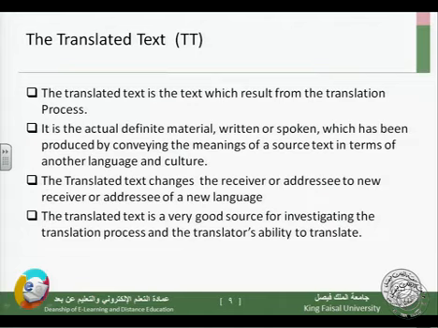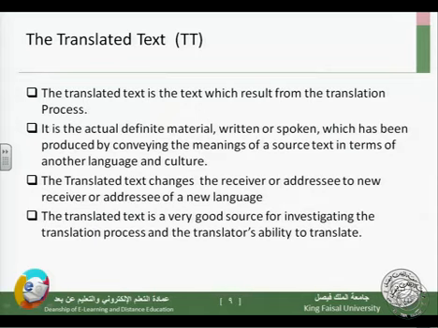The translated text is the text which results from the translation process. Clear? It is the actual definite material, written or spoken, which has been produced by conveying the meanings of the source text in terms of another language and culture.